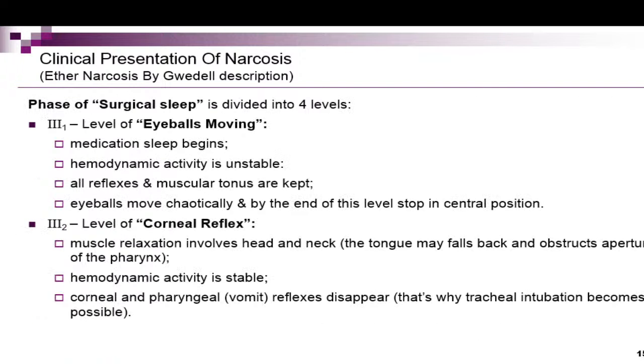This is a very short duration phase, from 1 to 5 minutes, and after 5 minutes the phase of surgical sleep begins. We should divide the phase into 4 levels, because division into levels is very useful for maintaining narcosis.